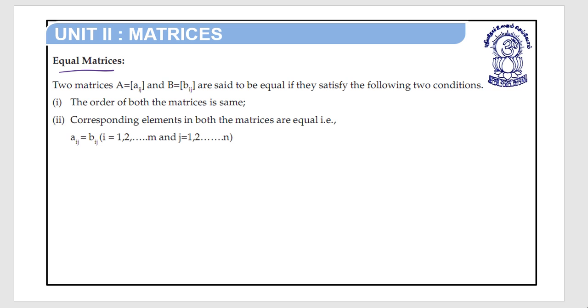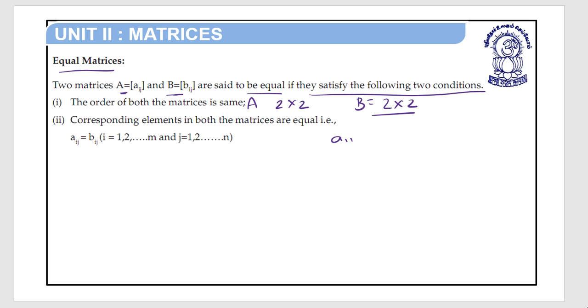Equal matrices. Two matrices A is equal to Aij and B is equal to Bij are said to be equal if they satisfy the following two conditions. First one is the order of both the matrices is the same. Say 2 cross 2 means A is a 2 by 2 matrix, B is also a 2 by 2 matrix. Second condition: corresponding elements in both the matrices are equal.